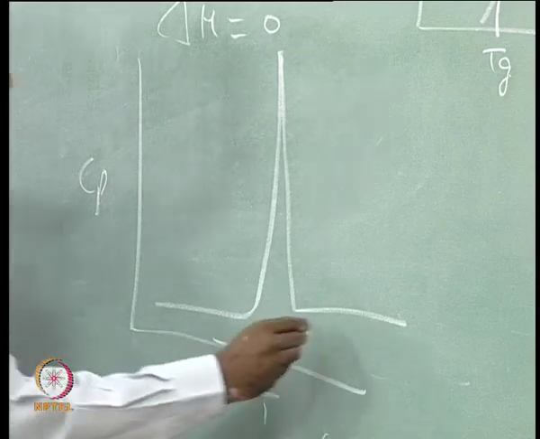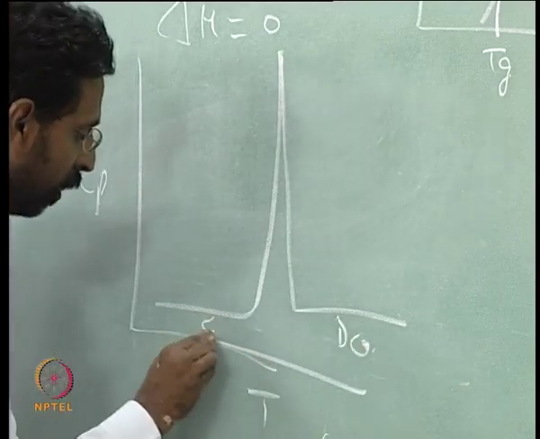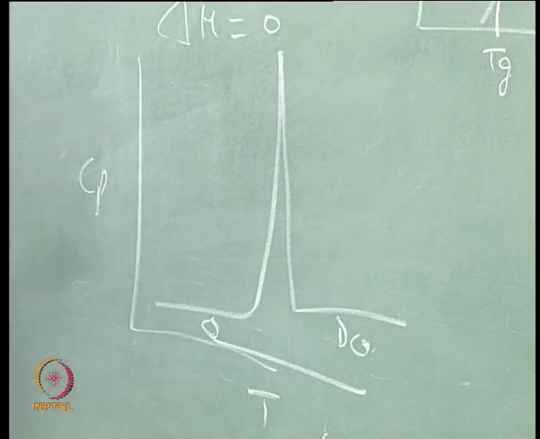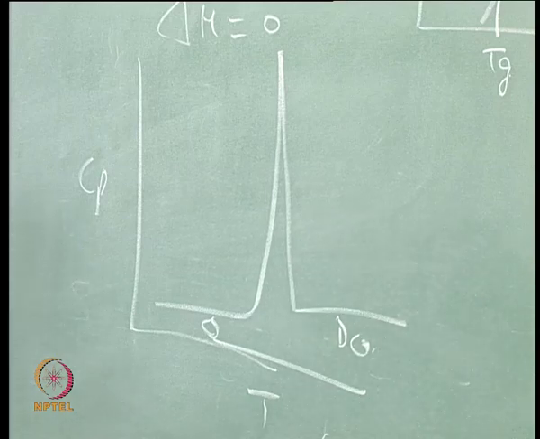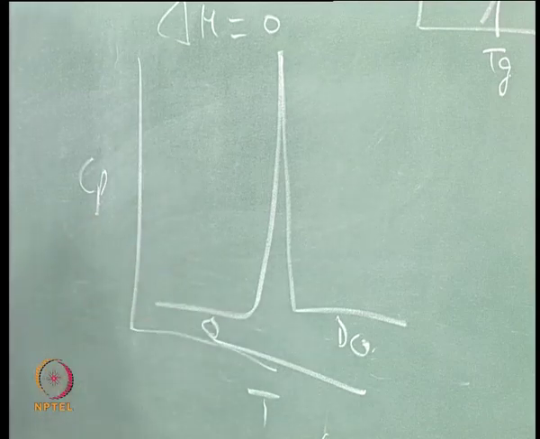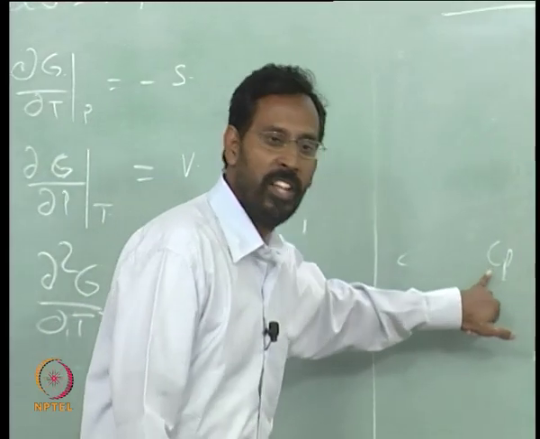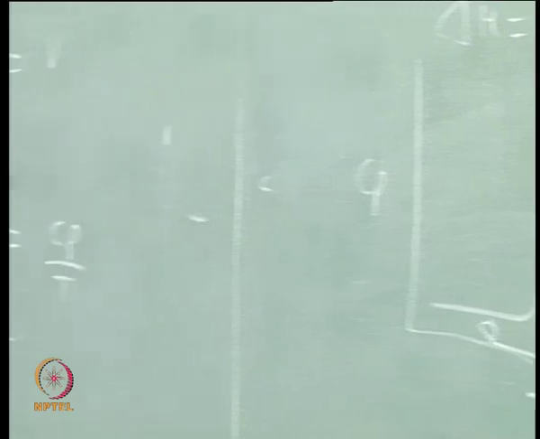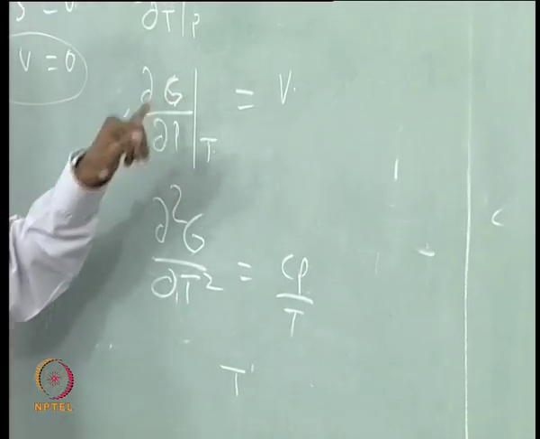This is a disordered state, this is an ordered state. From an ordered state, when you go to a disordered state, you suddenly see a Cp change, and that is what people usually call lambda transitions. So, there are a number of order disorder transitions which are second order transitions, where you will see a Cp change. Similarly, if you look at it as a function of pressure, the second differential of free energy with pressure will be what?